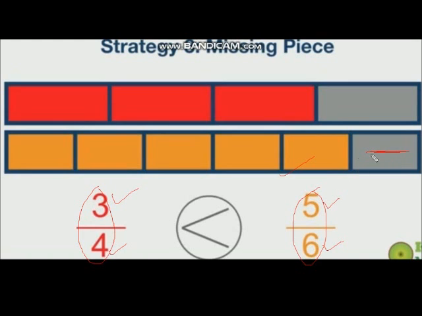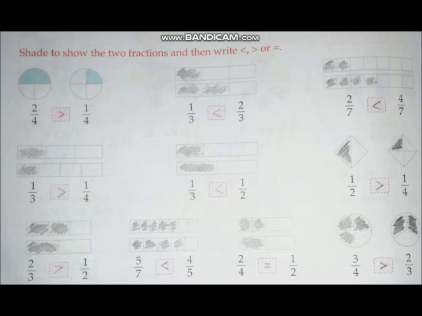So wherever you see less empty space, that fraction will be greater. Like this you will find out which fraction is greater. So according to that, if we compare these fractions, just like 2 upon 4 and 1 upon 4, in this one 2 upon 4 will be greater because in the numerator there is 2 and there is 1.